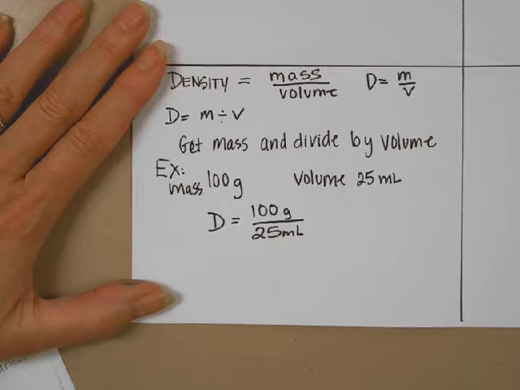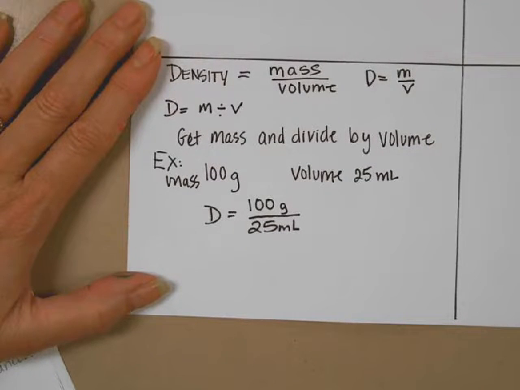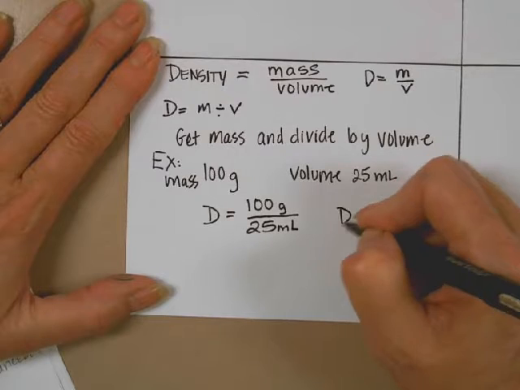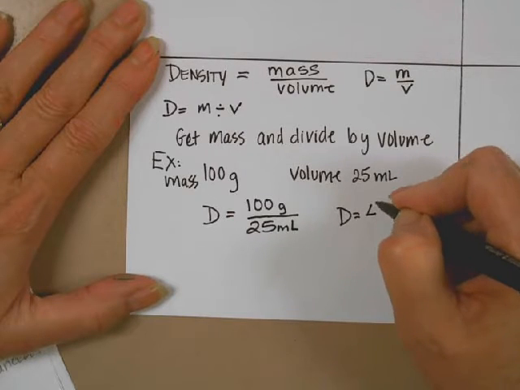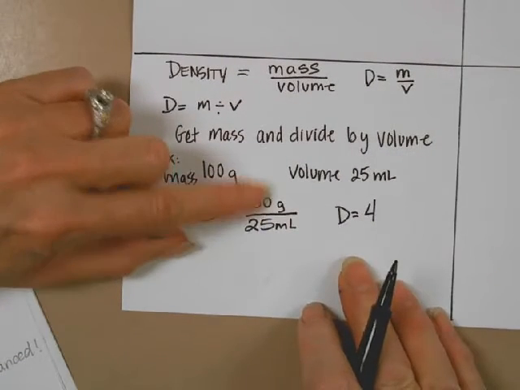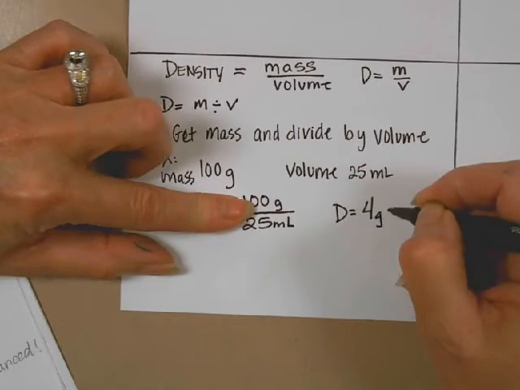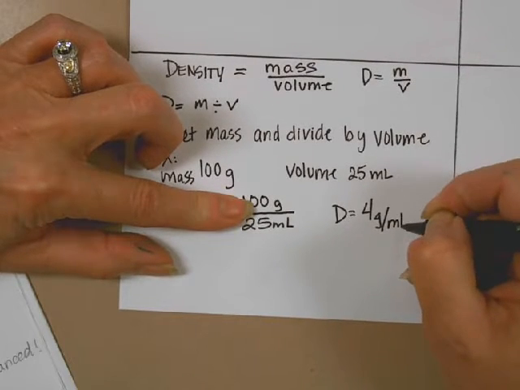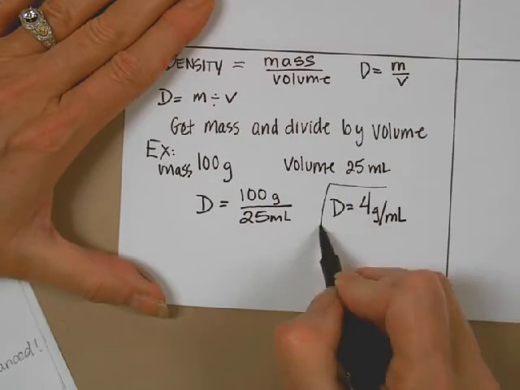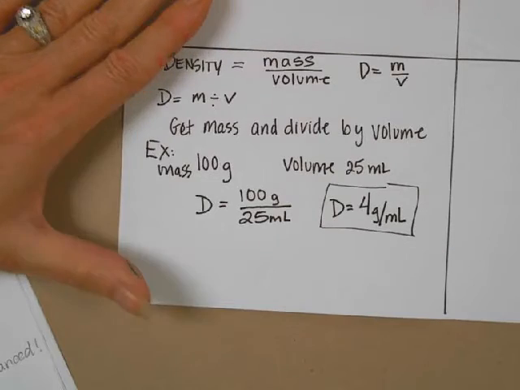And I'm going to take my calculator and divide it. 100 divided by 25, and I'm going to come up with the answer 4. And I'm just now going to put my units, my mass unit over my volume unit, and that's my answer. So it's not hard.